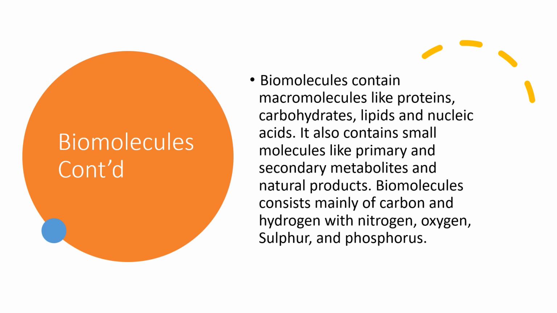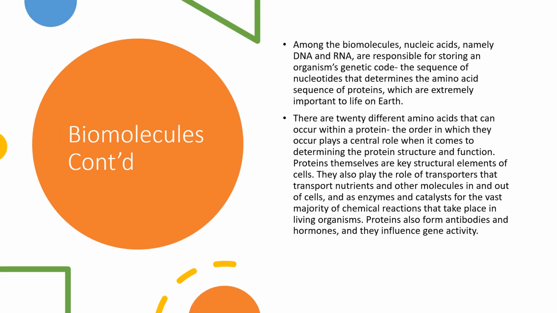Biomolecules consist mainly of carbon and hydrogen with nitrogen, oxygen, sulfur, and phosphorus. Among the biomolecules, nucleic acids, namely DNA and RNA, are responsible for storing an organism's genetic code, which is the sequence of nucleotides that determines the amino acid sequence of proteins, which are extremely important to life on Earth.